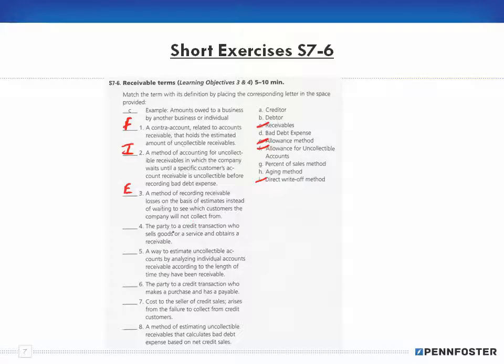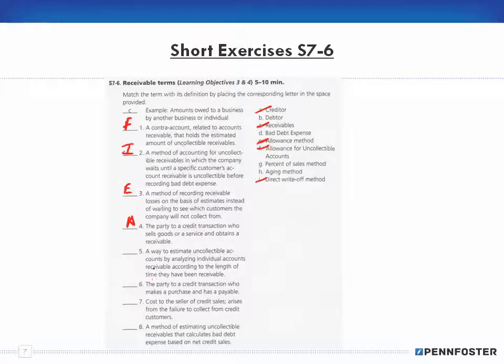4. The party to a credit transaction who sells goods or service and obtains a receivable. Okay, so if somebody is selling the goods and it's a credit transaction, they're extending things on account, so that would be a creditor, right, because they're the ones extending the credit to allow the transaction.